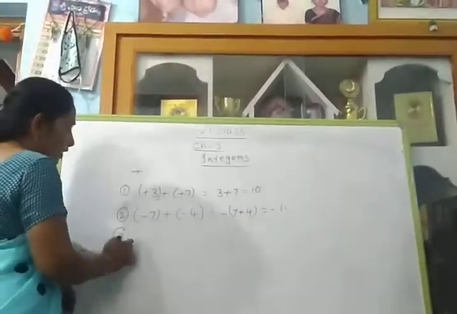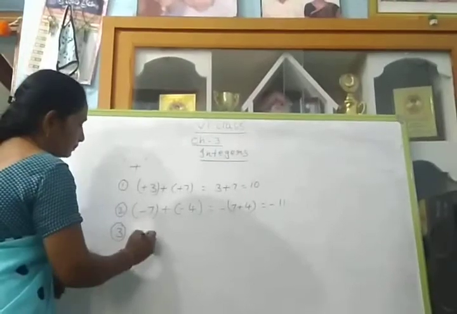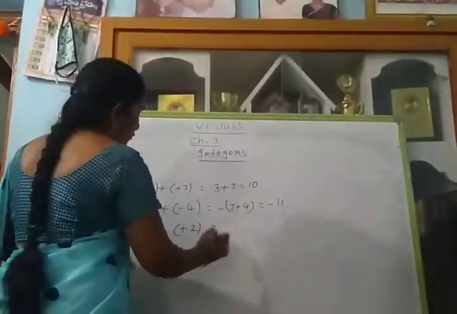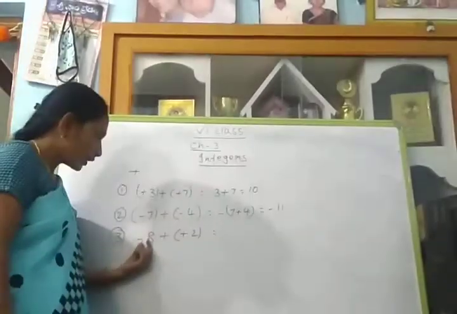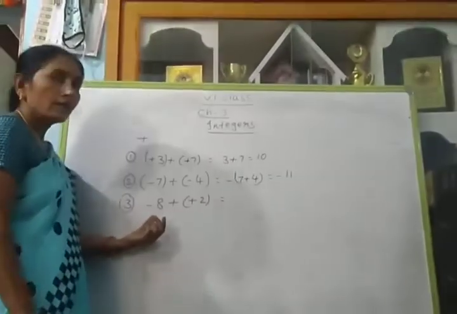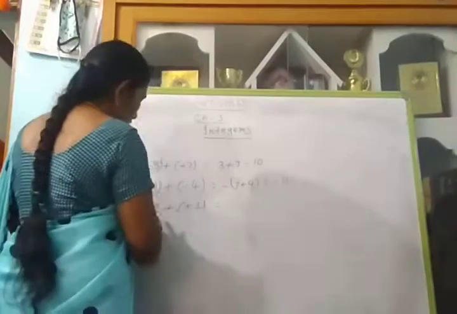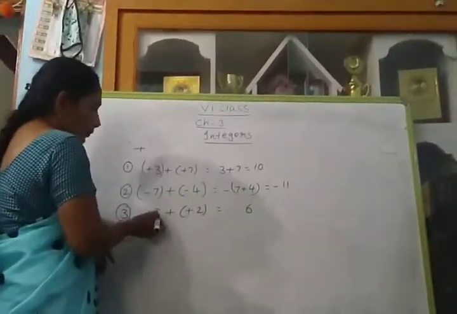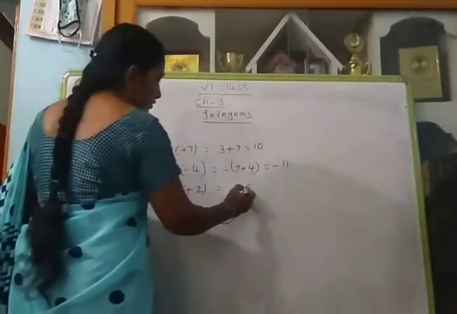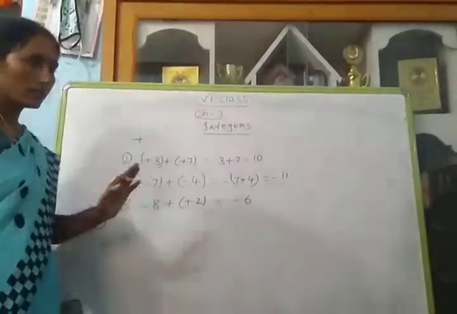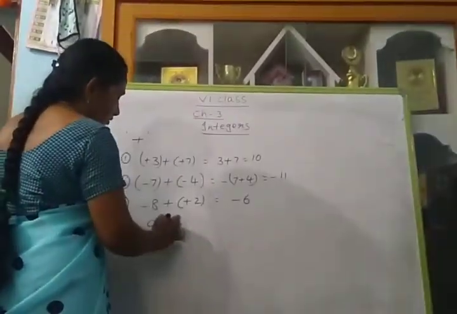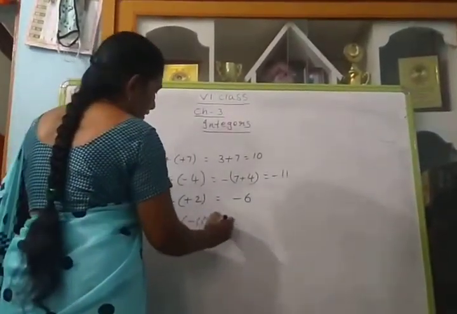Next, one positive, one negative. Minus 8 plus 2. When we add one positive and one negative, first you have to take the difference. 8 minus 2 is 6. Which is the bigger number? 8. 8 has a negative sign, so you write negative. One more example, 9 plus minus 10.